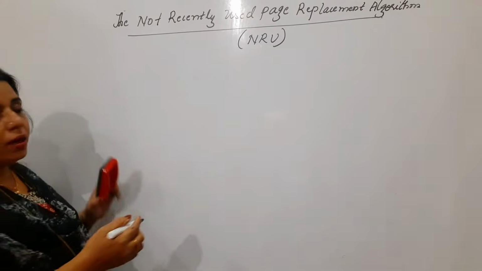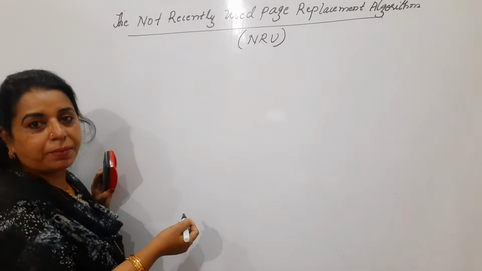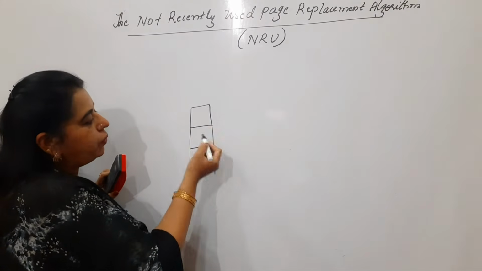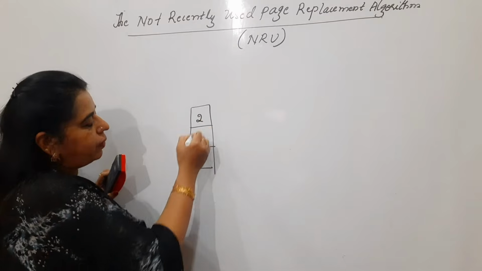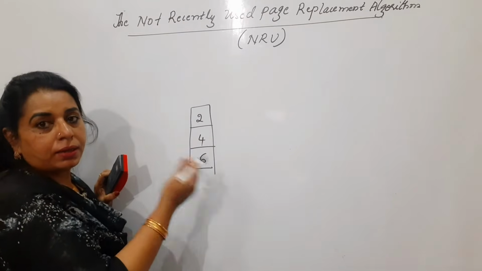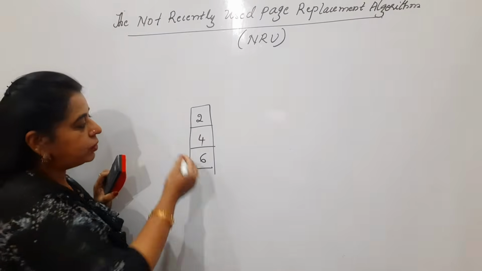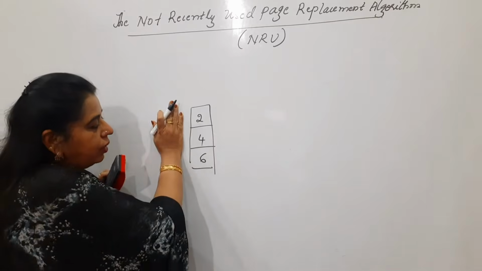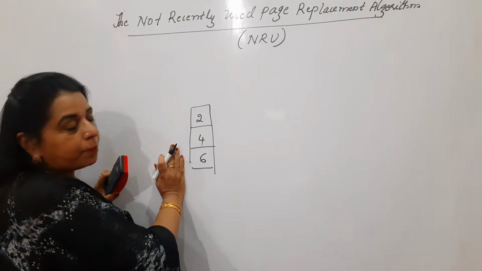So till now you have been seeing different page replacement algorithms. Suppose you have 3 frames, you were writing the page numbers like this. Sometimes in the page replacement algorithms, you have not written any value for the reference bit, or you are not at all considering the reference bit for these page numbers.